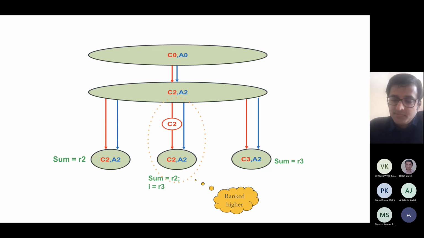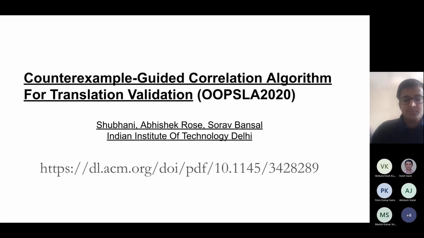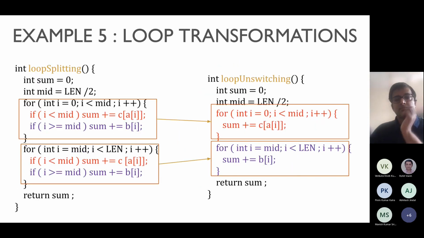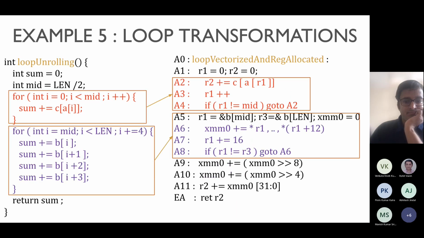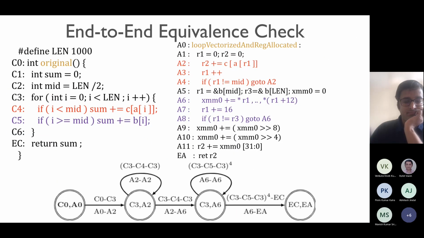Yeah. When you went a little further up, you said that you have all these transformations which the optimizing compiler does. Is there some way of saying that this order of optimizations gives you better performance than another?